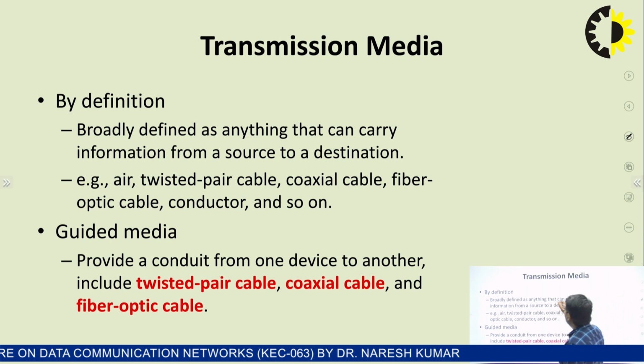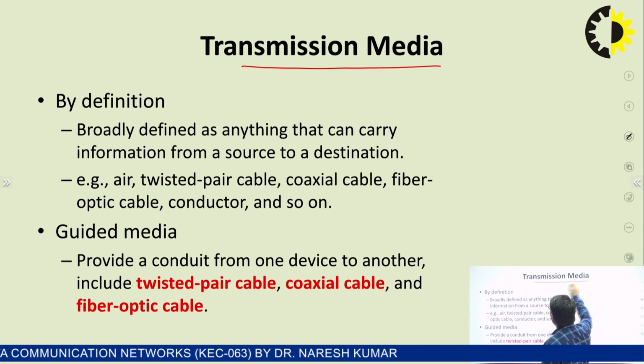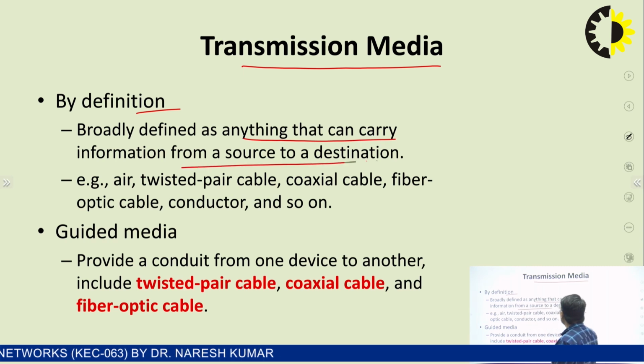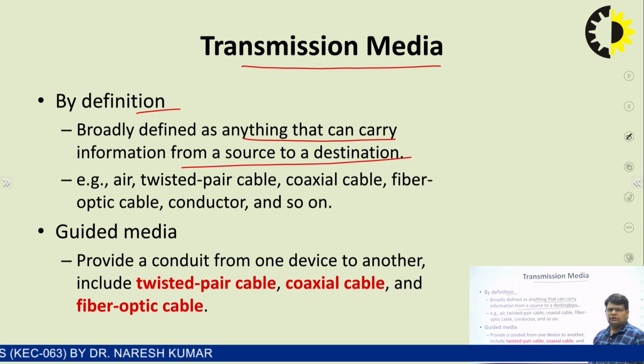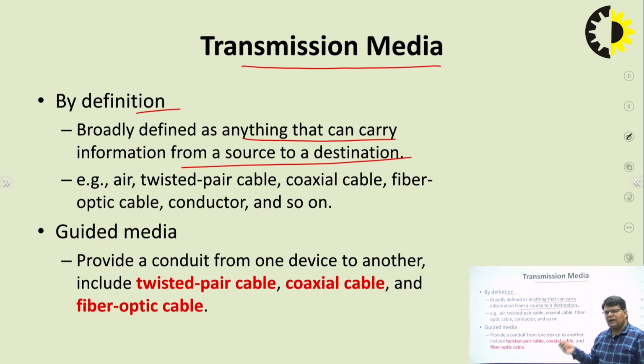So by definition, transmission media is anything that can carry information from source to destination. Any physical media that is used for carrying a large amount of data from the transmitter side to the receiver side, or sender side to destination side, is called the transmission media.